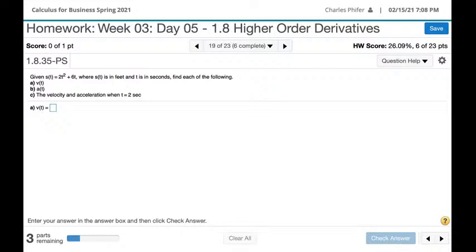Part A asks for the velocity, v of t. B asks for the acceleration, a of t. And then C asks for the velocity and the acceleration when t equals 2.